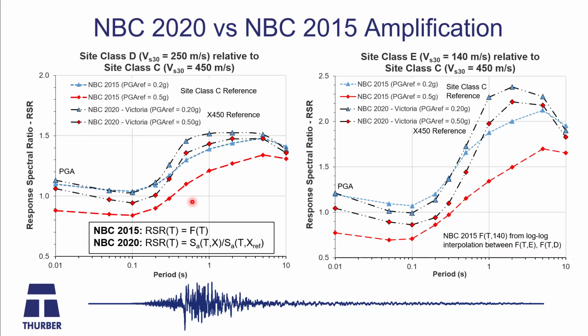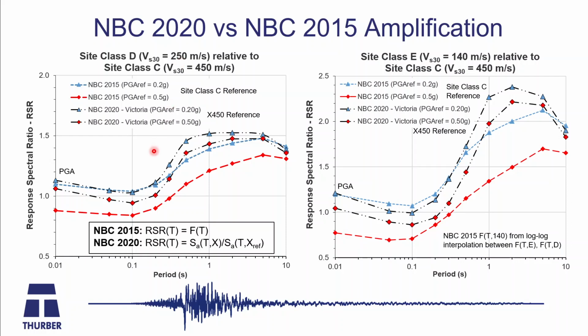If we do a comparison between the amplification factors for 2020 and 2015, because they're not using site classes in the same way anymore, we can use the VS30 value for site class D, which was 250 meters per second, the representative or characteristic shear wave velocity for site class D in 2015.